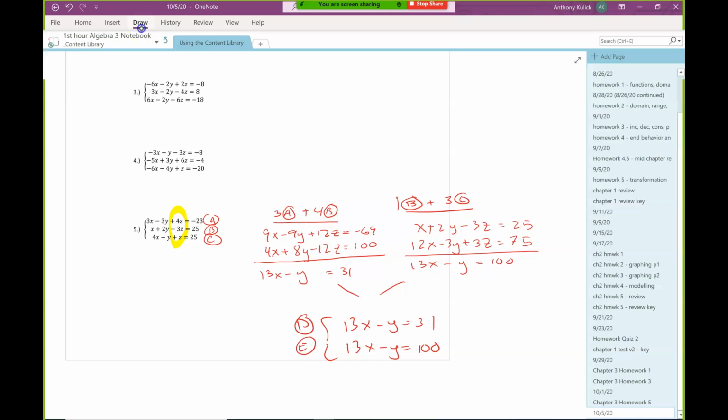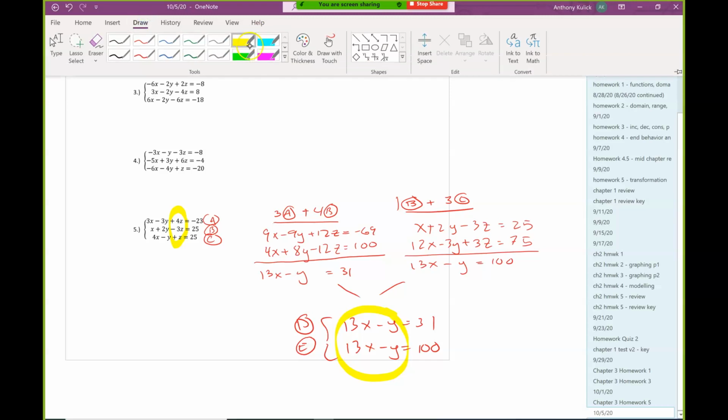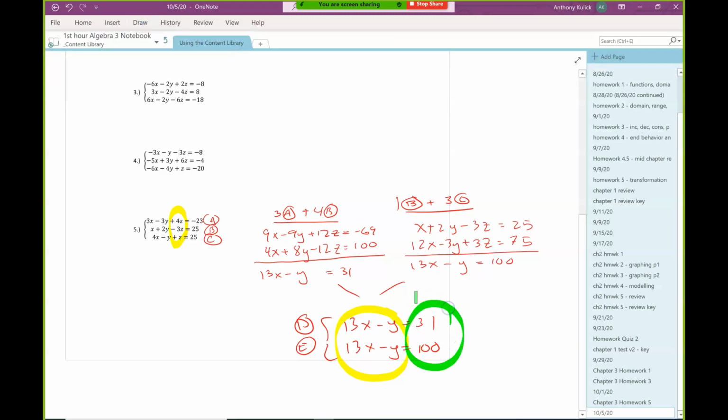Notice that the left-hand sides of the equation are identical, but the right-hand side is different. Does everybody see that? That's a situation that indicates to us that there's going to be no solution. And you could stop right here and just say no solution.